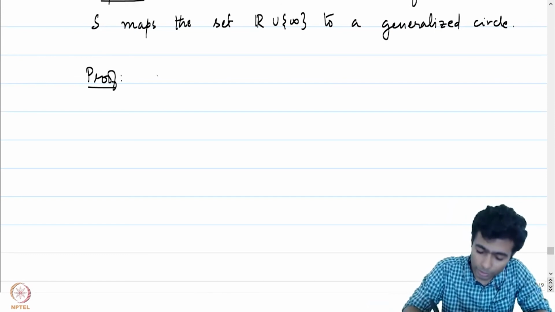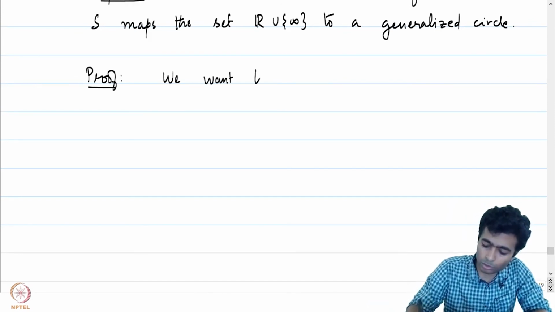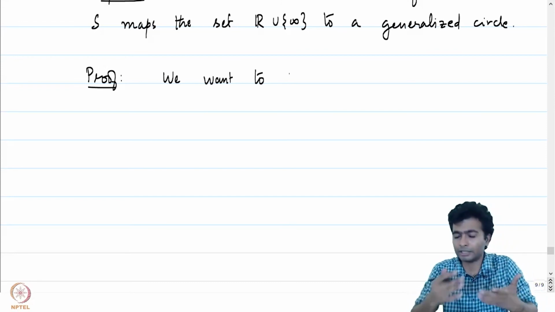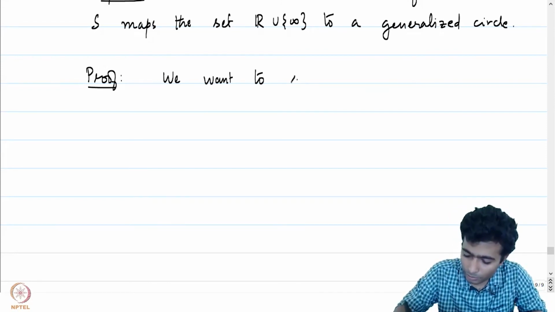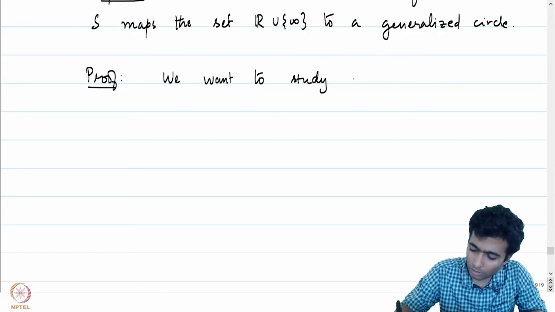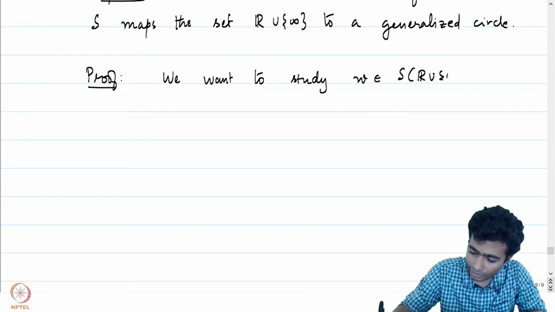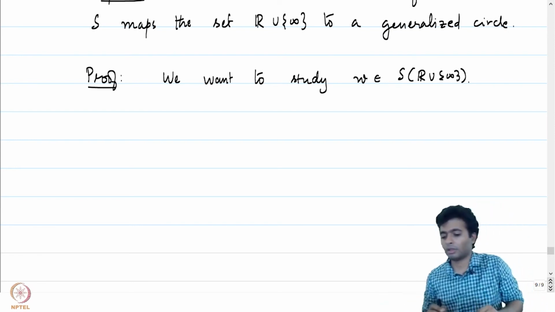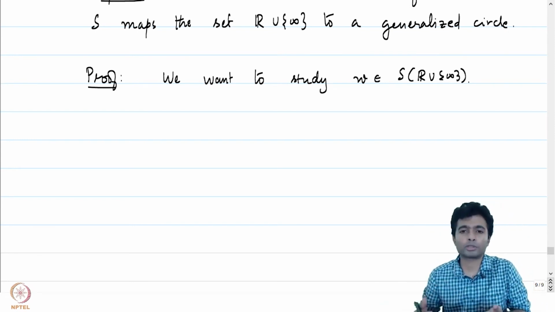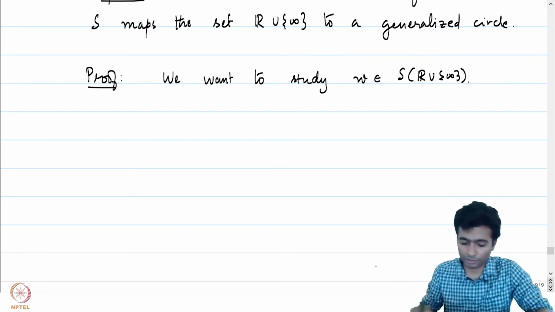What do we want? We want to study the set of all points W in S of R union infinity. That means S inverse of W belongs to R union infinity. We want to study all those points.